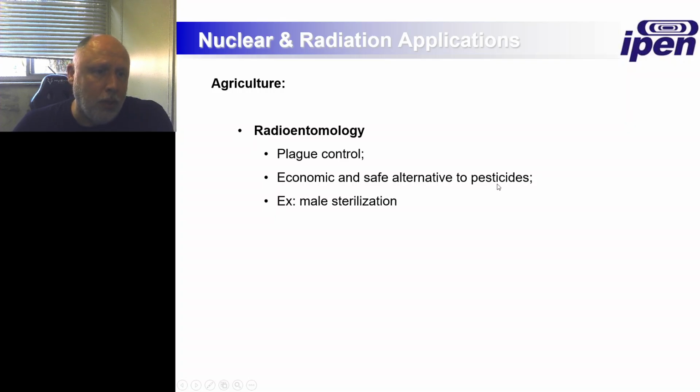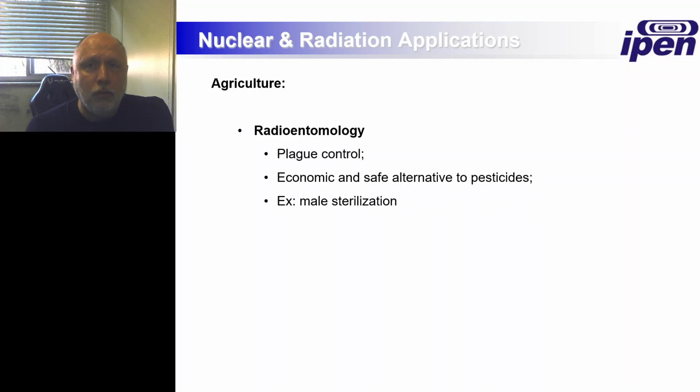It's an economic alternative to pesticides, safer, and for instance, it's used for male sterilization. And just as a side note, in the last years, it has been used not only for agriculture, but also for health. There was a study trying to use these same techniques for male sterilization.